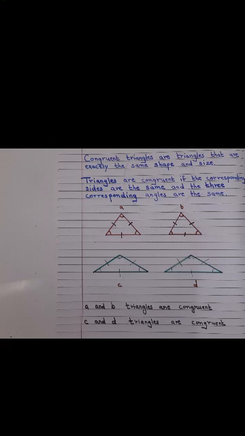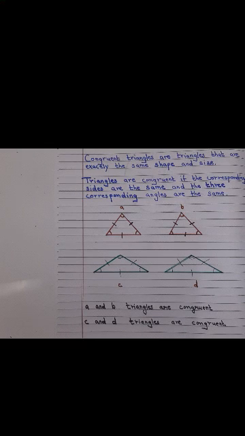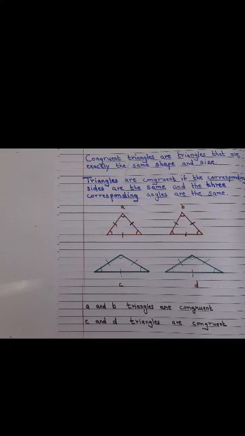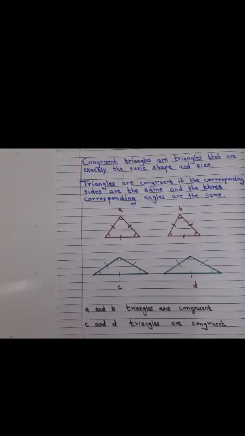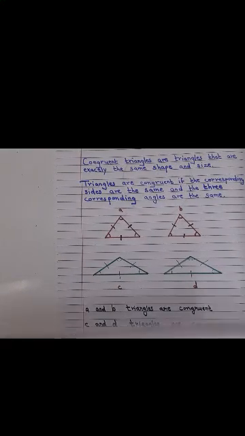So children, for homework, you will be doing this page. That's page 86, exercise 70, where the objective is understanding congruency. So that's one page, and then you have this page also. That is for symmetry. Okay.